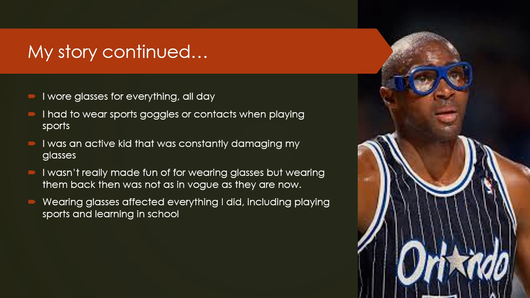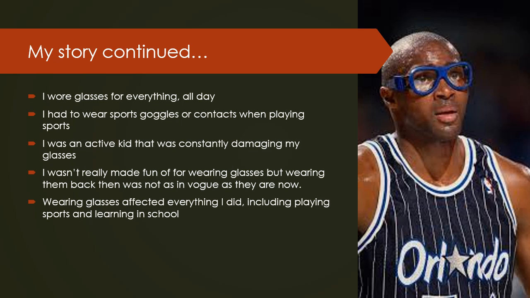I wasn't really made fun of for wearing glasses, thankfully, but wearing them was definitely not an advantage, and glasses were not in vogue then as they are now. Wearing glasses affected everything I did, including playing sports and learning in school. The picture of the NBA player on the right side of the slide is of Horace Grant.